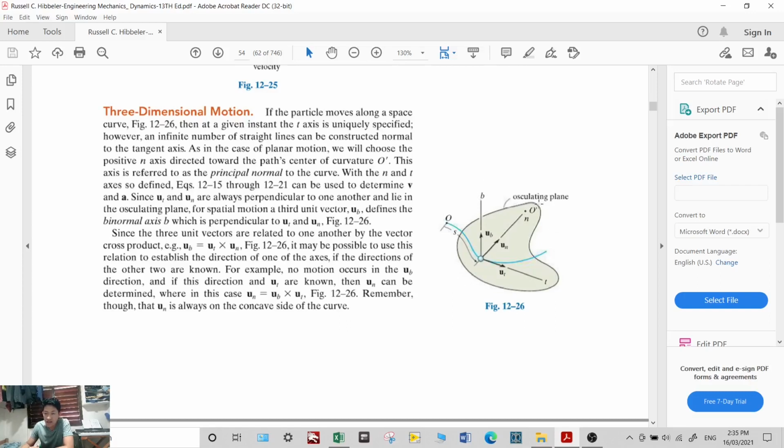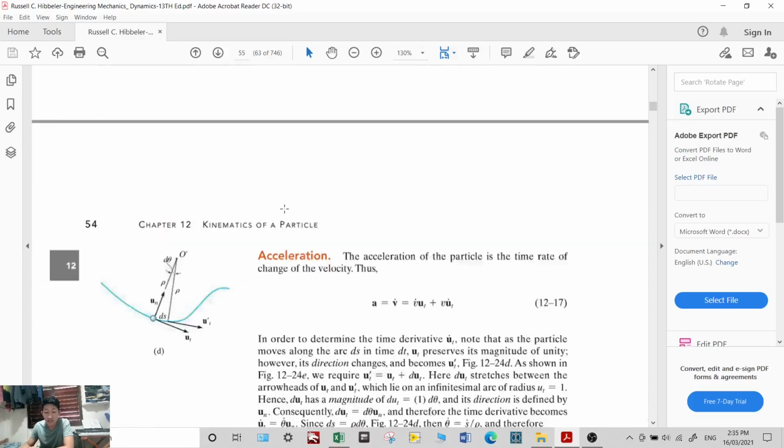Imagine that earlier the motion was planar, so you had no third axis, and the acceleration is defined only along the normal and tangential directions. However, if it involves three-dimensional motion, meaning the particle moves upward, it is important to know this binormal axis. Again, using the right-hand rule, the cross product of the tangential and normal unit vectors will give you the direction of the binormal axis.